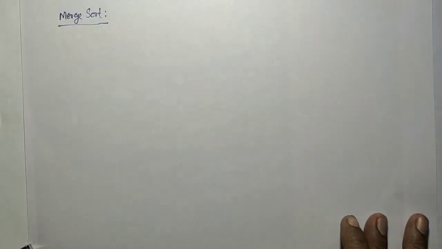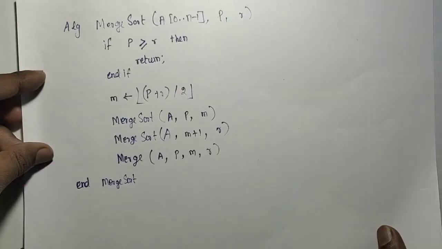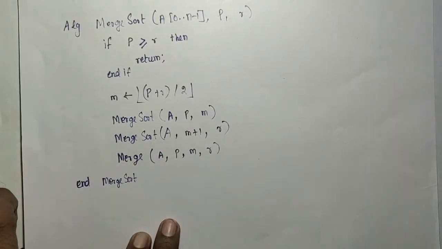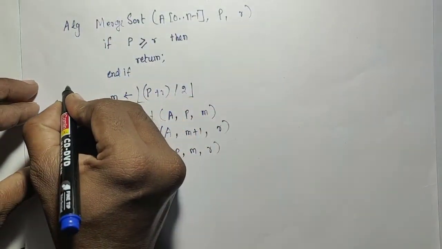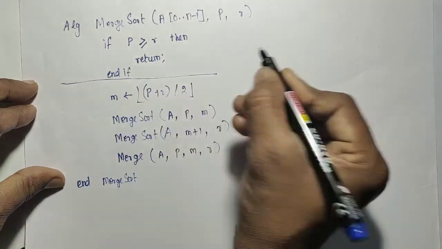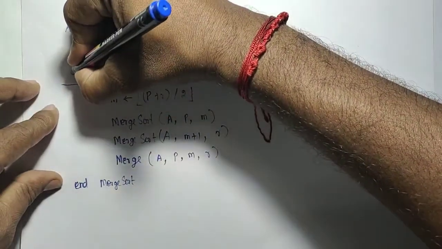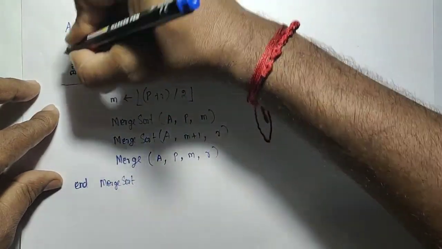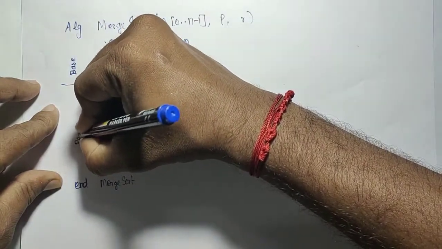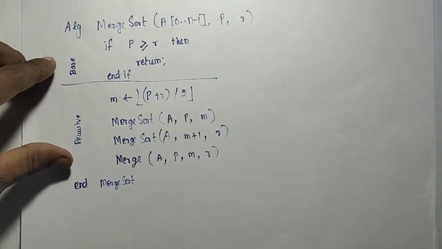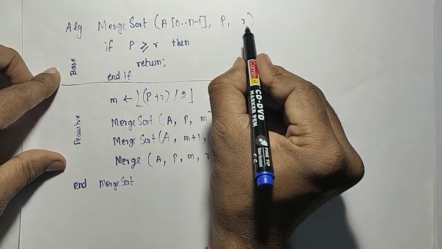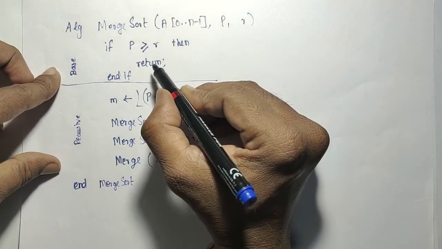In the merge sort algorithm, there are two cases: this is the base case and this is the recursive case. So we can split into the two, base case and recursive case. Base case means what? If P equals R, it is considered the base case.